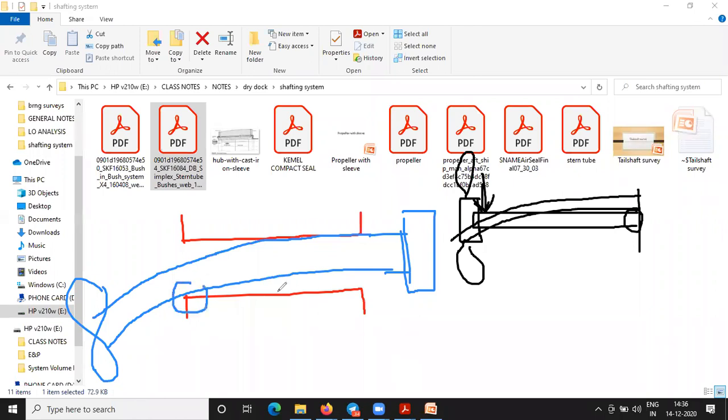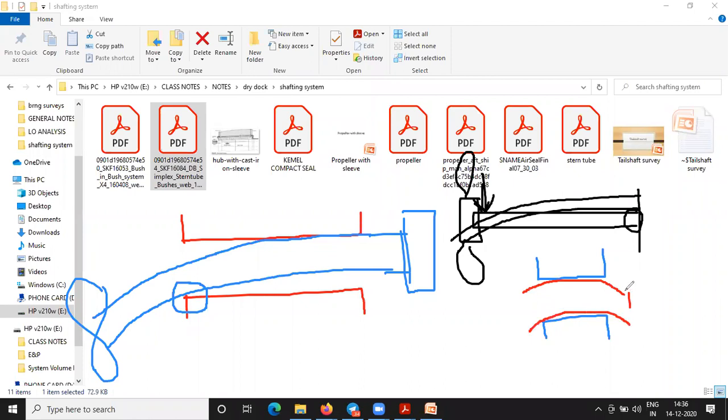At this point, in normal journal bearings, main bearings, there is something we see called edge loading of the bearing. What is that? If this is the bearing, we have seen the journals may be bent in this direction or the opposite direction.